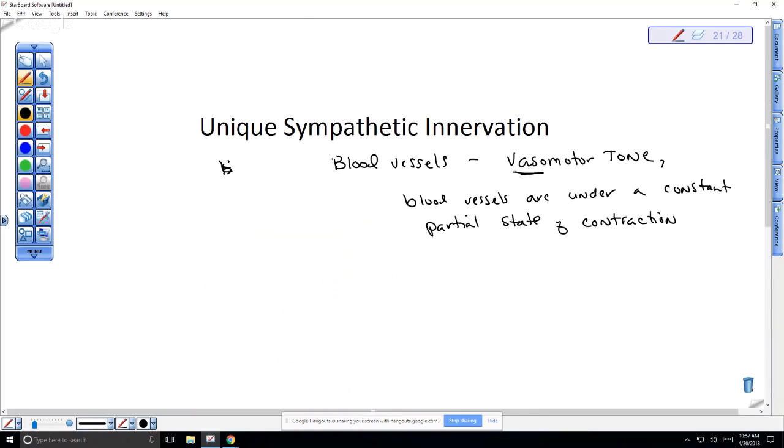When a blood vessel contracts, that is called vasoconstriction. That's decreasing the diameter of the blood vessel, versus vasodilation, which is increasing the diameter of the blood vessel.